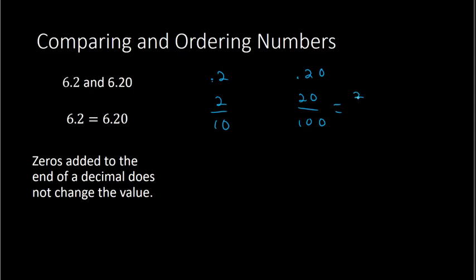That would give me 2 over 10. And that's the same thing as 2 over 10 over here. So the zeros at the end do not change the value. And that's only with decimals. So obviously if you have a 2 without a decimal, then you add a 0 to the end of that to get 20. Those are different. But when you have a decimal, so 0.2 and 0.20, those are the same.